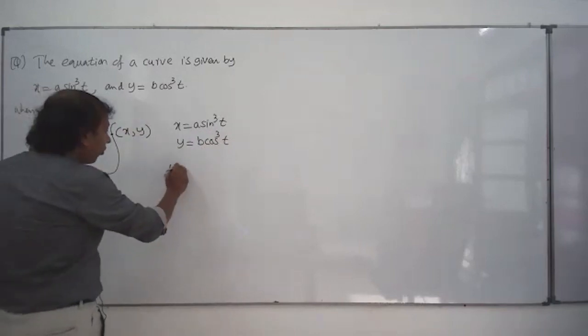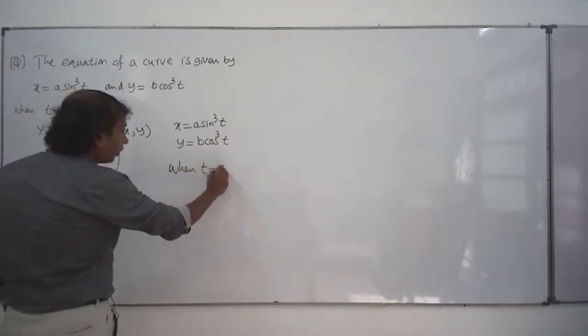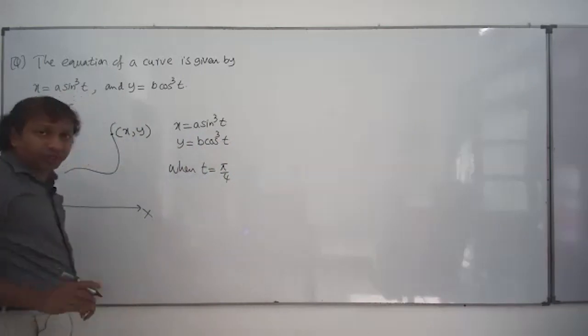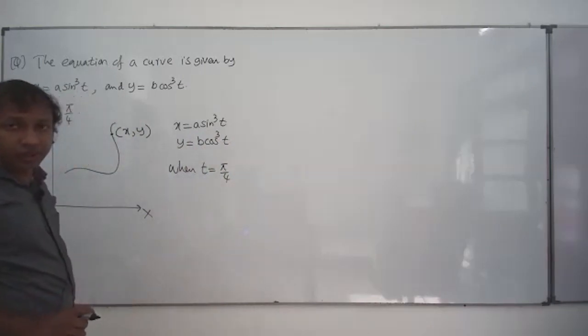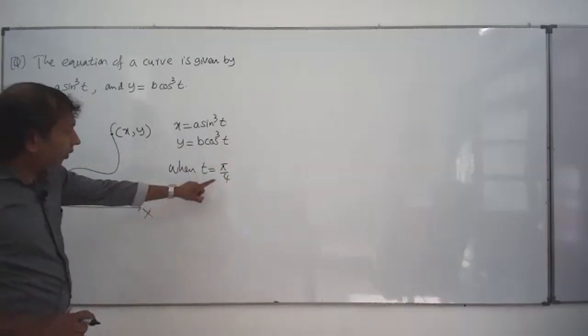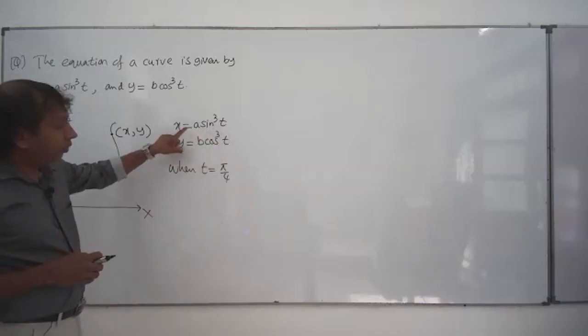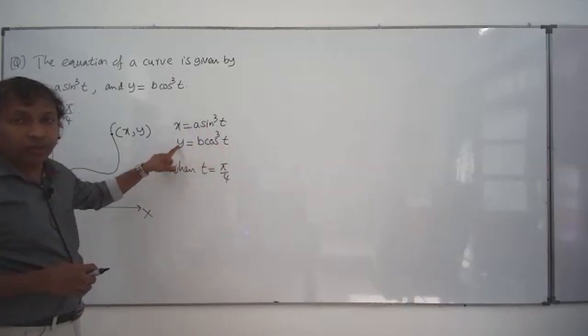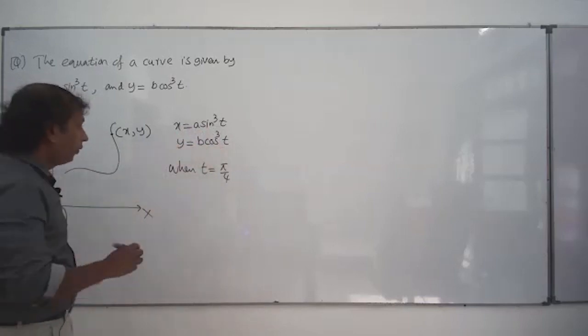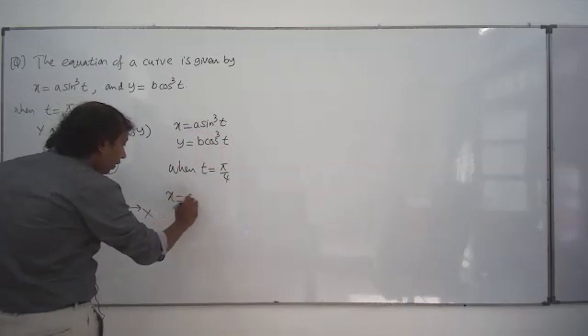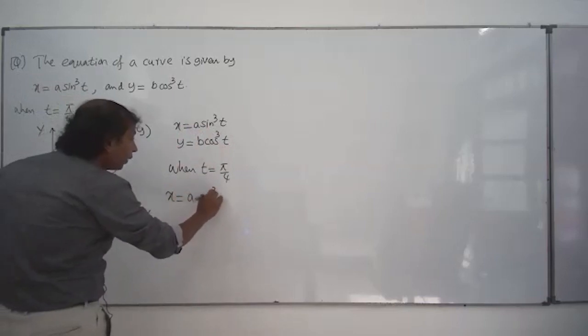Now, when t equals pi by 4, we have to find out what are the x and y coordinates of the curve. Put that pi by 4 where? Here, to find the x value. Pi by 4 here to find the y value. Right? Then x equals a sine cube pi by 4.